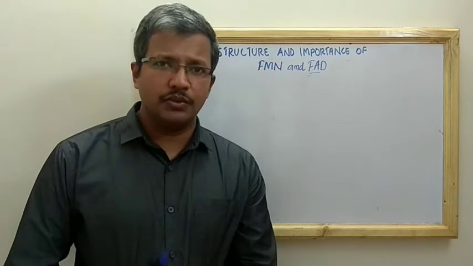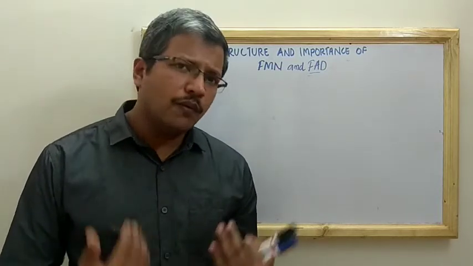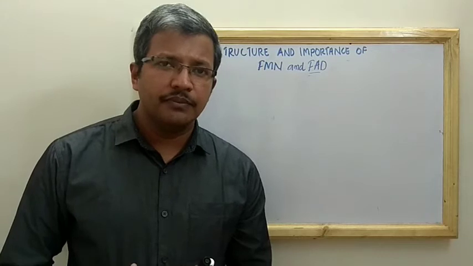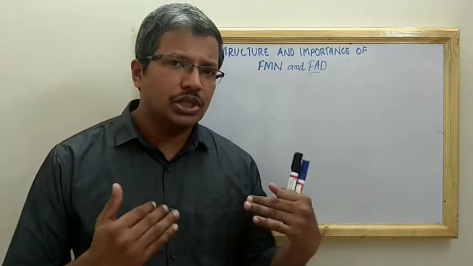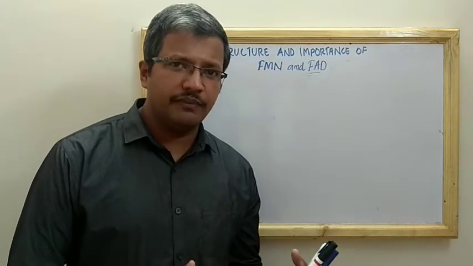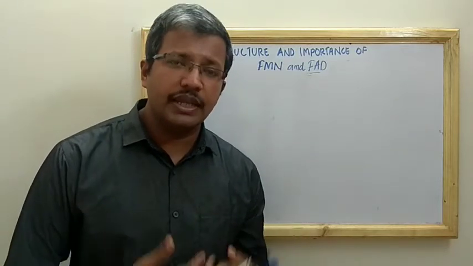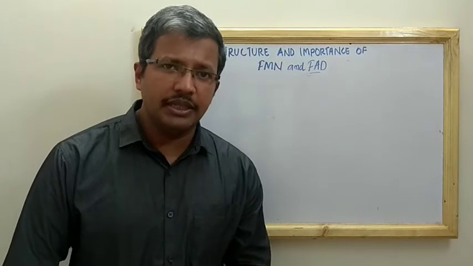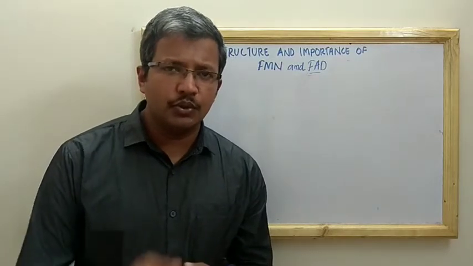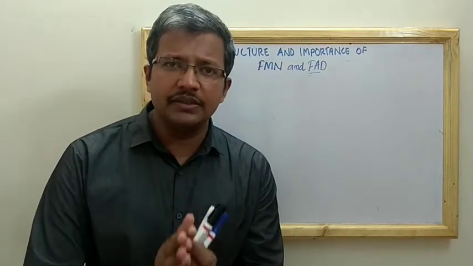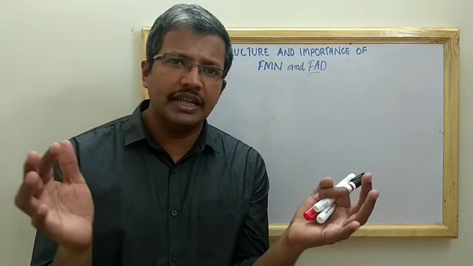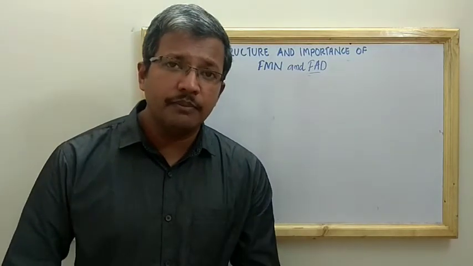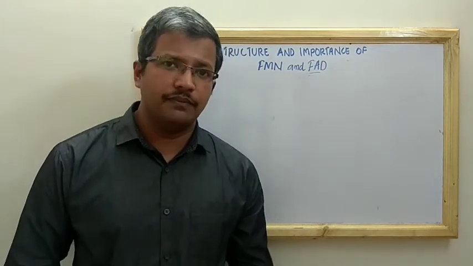In the reactions which are releasing lower energy, the FMN or FAD will be the part. In the reactions which are releasing more energy, NAD or NAD plus will be the part. So you should understand that basic difference. Otherwise, everywhere you can find FMN, FAD, NAD, NADP as the source of electron.